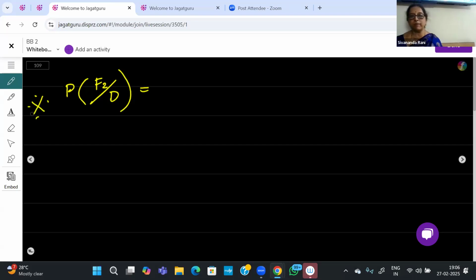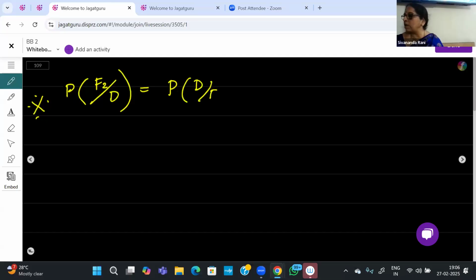I always tell my students, whenever you strongly suspect that Bayes theorem is in force in a particular problem, go to the last line of the problem and jot down what is the conditional probability that is being asked. If you can make out what conditional probability he wants, Bayes theorem is just the opposite of that.